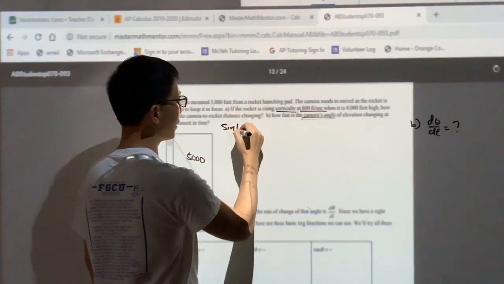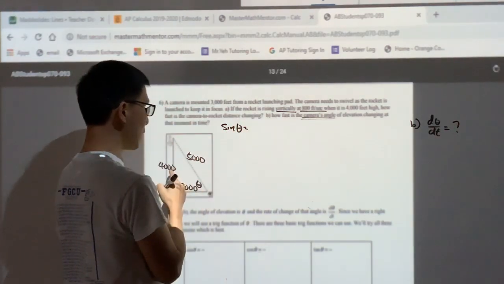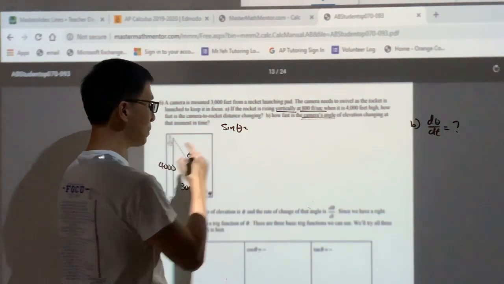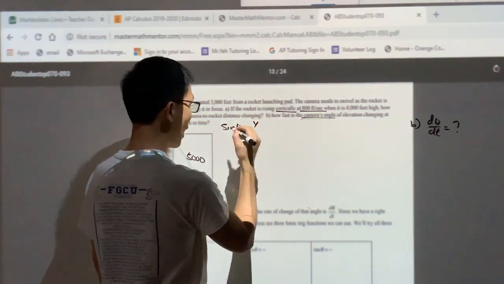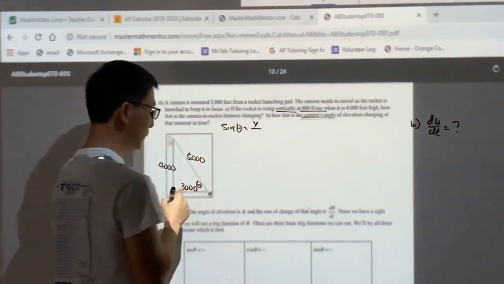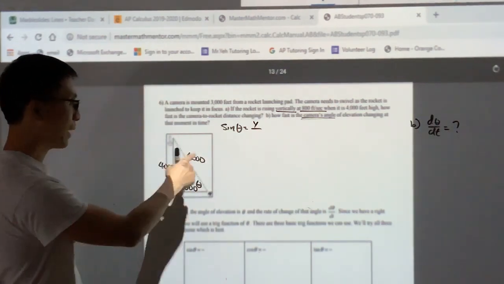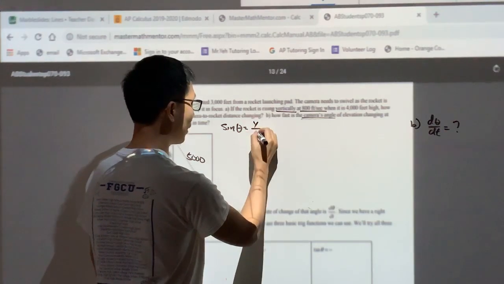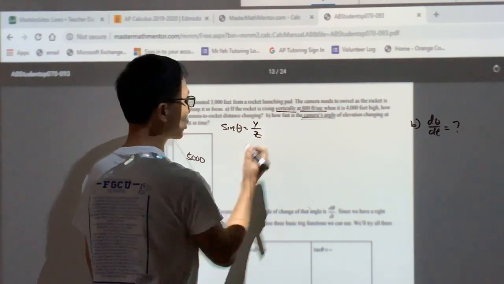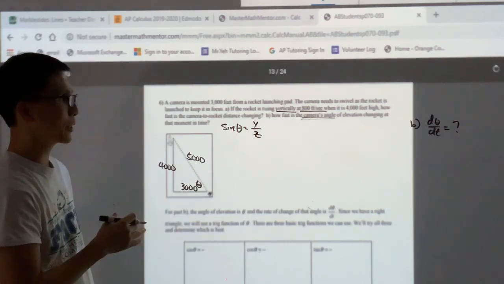I have sine of theta. So sine of theta is equal to what? Opposite, which is 4,000, which is y, and y is changing, over the 5,000. But 5,000 is changing too, so y over z. They're both changing, and I don't like using this.